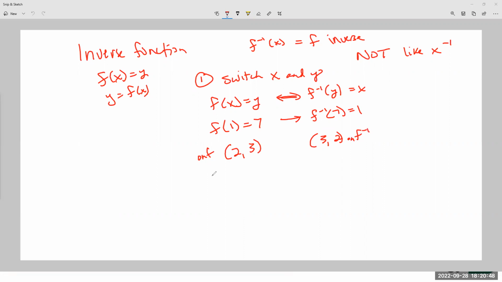The domain of f, we switch x and y. So domain is x's, it's going to switch to the y, so that's going to be the range of f inverse. Similarly, the range of f is the domain of f inverse.